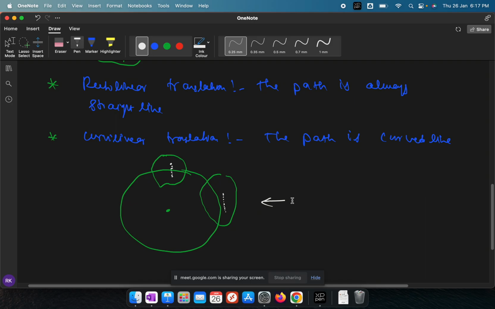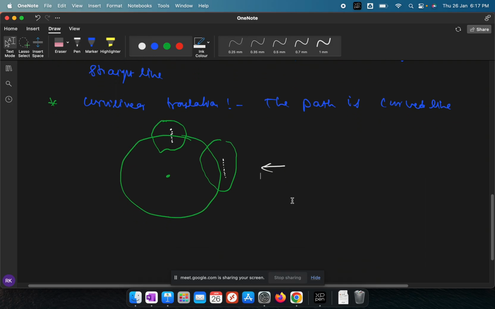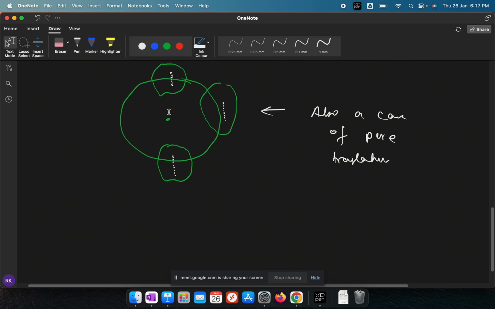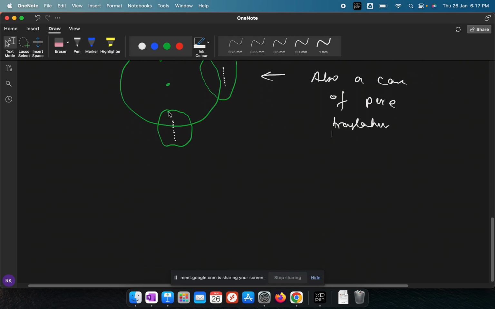Is this an example of pure translation? Tell me. Yes, sir. Yeah, this is also an example of pure translation because this orientation is not changing. So this is also a case of pure translation, but this time the rigid body is doing curvilinear motion. So please do not confuse this.